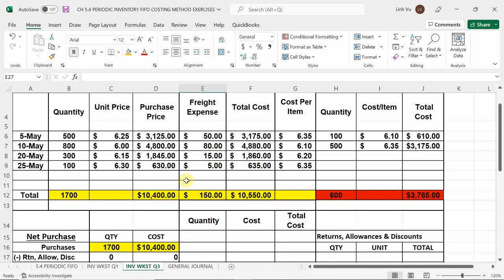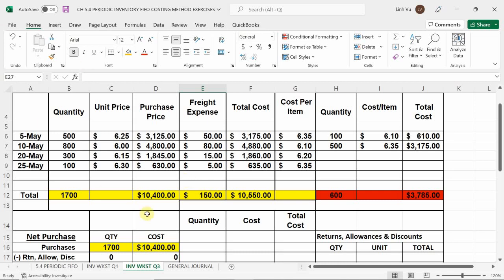Because in this case, we made a purchase on May 5th. These were things that came in on April 30th. Okay, so again, your beginning inventory is that 100 batch and then the 500 batch, and then you can go ahead and start dipping into your actual purchases that you've made.